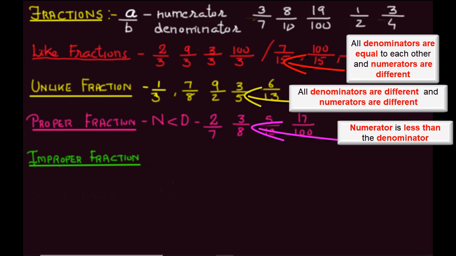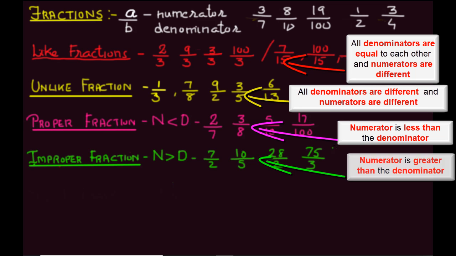That is, the numerator will be greater than the denominator. For example, you have 7 by 2, or 10 by 5, 28 by 2, 75 by 3. In these cases, all the numerators are greater than the denominators.